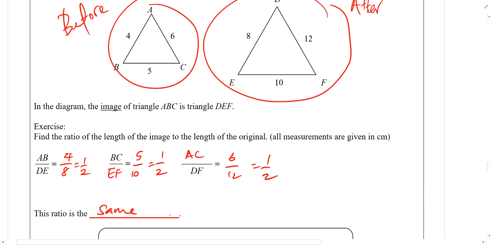Okay, we don't need to write that. Ratio is the same. So in this case, when we enlarge it this way, we also have something known as the scale factor. Hang on, image of ABC. There's a typo.